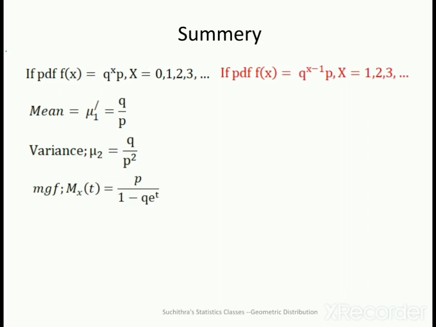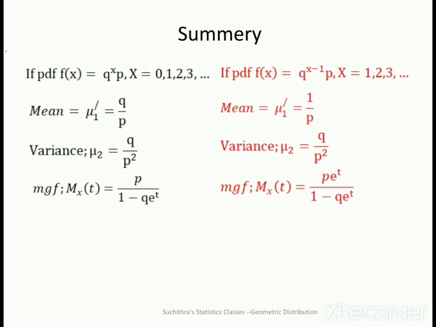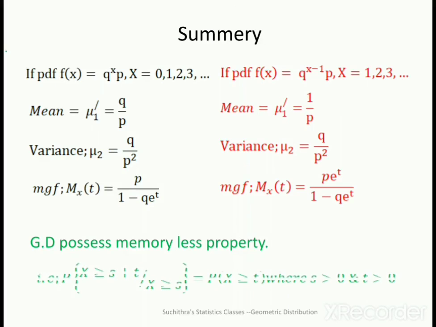If f of x is q raised to x minus 1 p for various values x is from 1 to infinity, mu1 dash is 1 by p, mu2 is q by p square, and M_x(t) is p e raised to t divided by (1 minus q e raised to t).